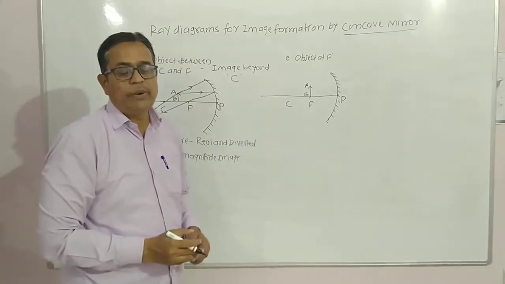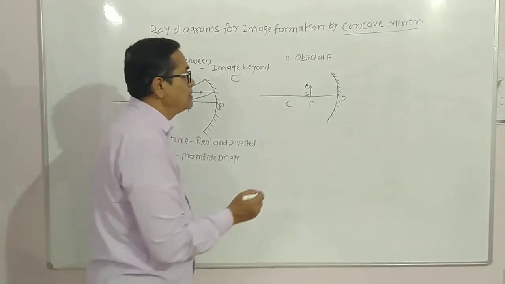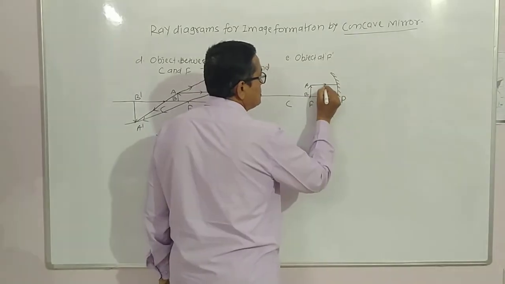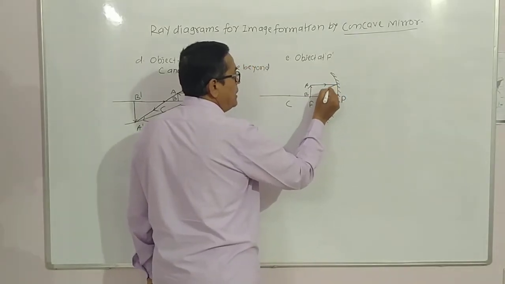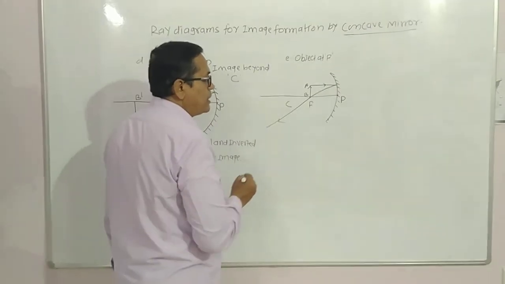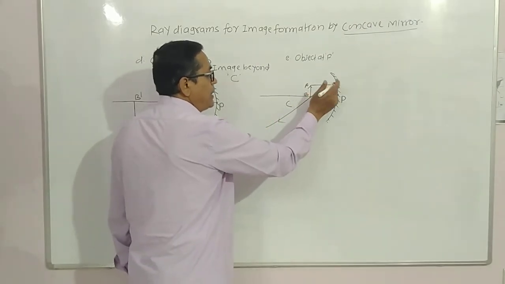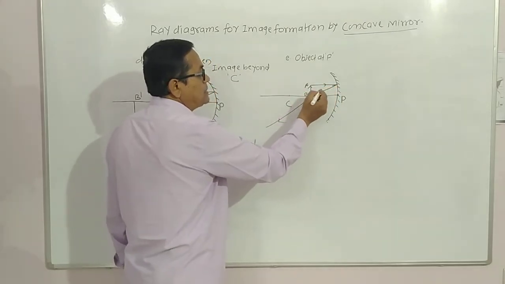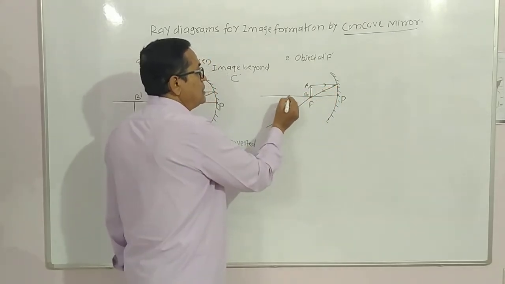Here we use rule number 1 and rule number 3. First rule, light ray parallel to principal axis, reflected ray passes through the focus in this way.